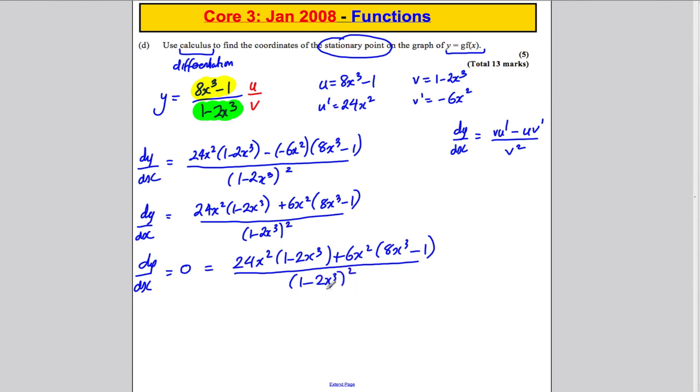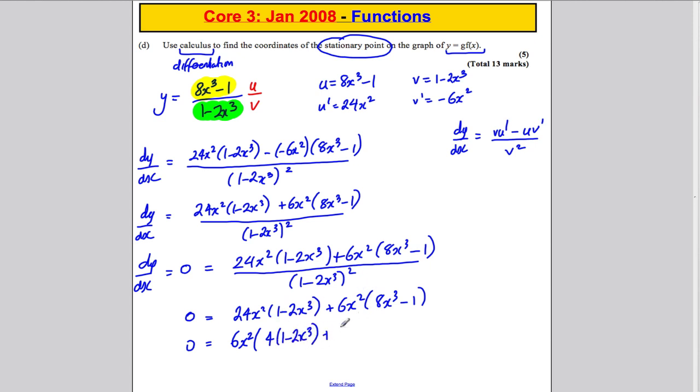Now we can multiply both sides by this denominator and it disappears. So we get 0 is 24x squared (1 minus 2x cubed) plus 6x squared (8x cubed subtract 1). And I actually think the easiest thing to do here is to factorise out 6x squared. If I factorise 6x squared, from this I'm left with 4 and this bracket.